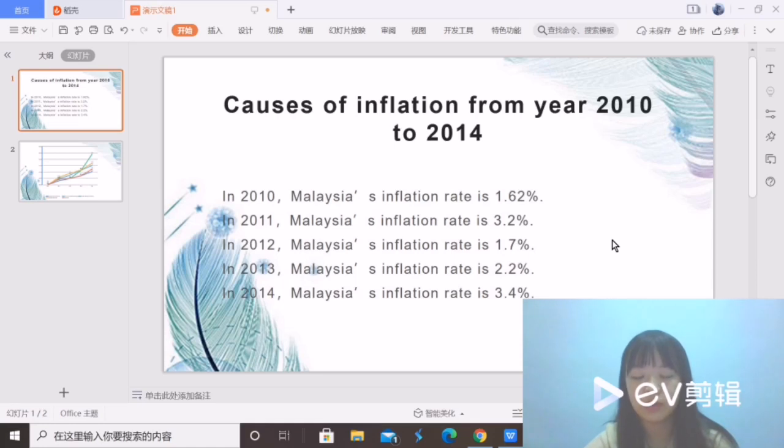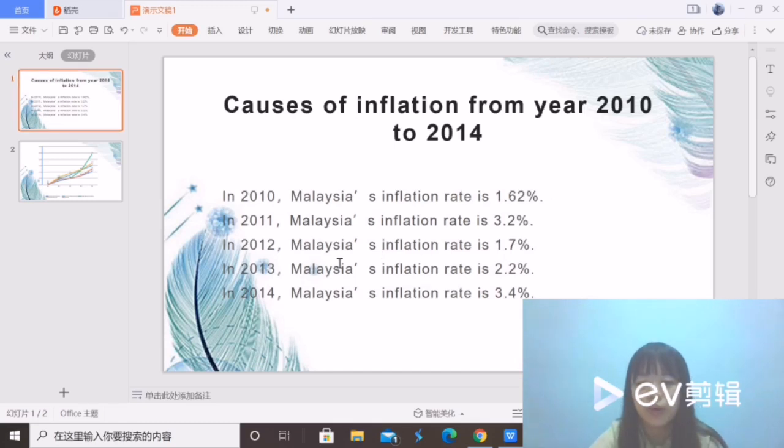2.9% per year. In 2010, Malaysia's inflation rate was 1.62%, and in 2011, the inflation rate was 3.2%.